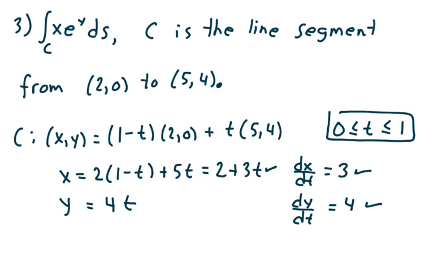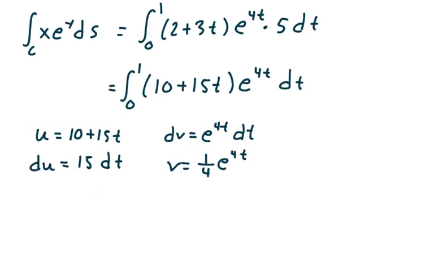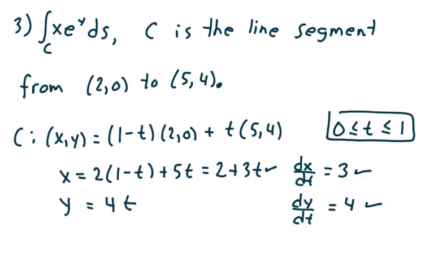So that's going to allow me to find ds. So here, let's backtrack. ds is the square root of 3 squared plus 4 squared dt, which is equal to 5 dt.